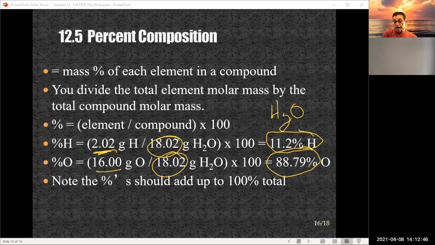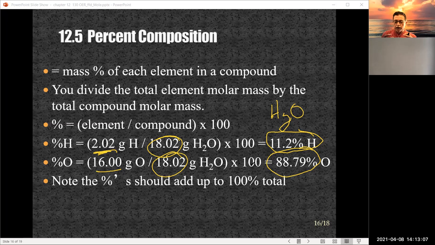We use that percentage to back calculate to figure out the formula. We do this in the real chemical world. We make a new compound, send it off for analysis, and determine how much carbon, hydrogen, sulfur, whatever we want. Numbers come back, and we back calculate to figure out how many carbons and how many hydrogens we have.